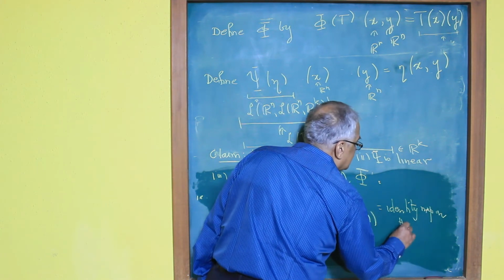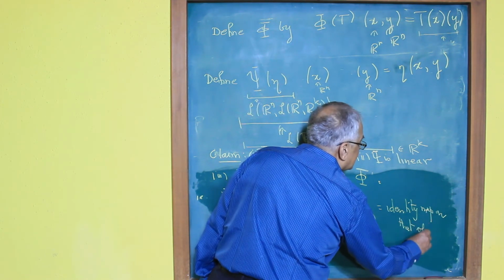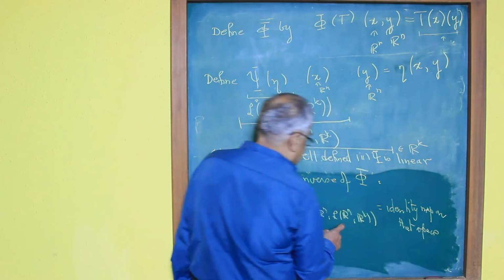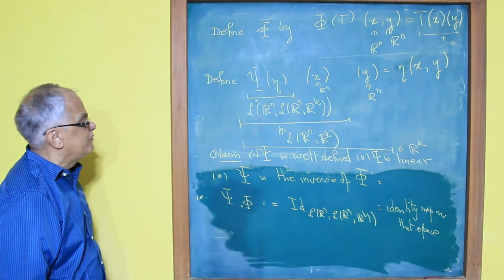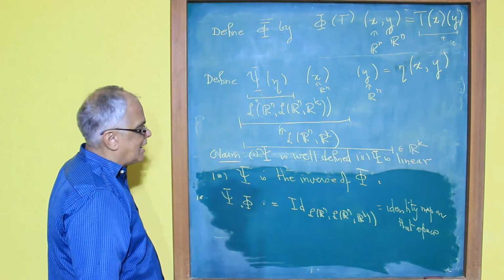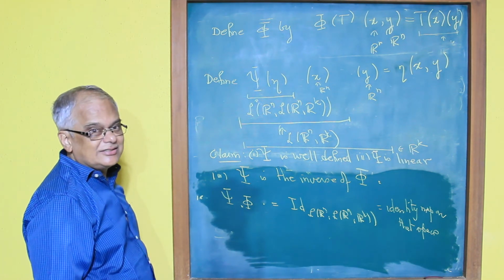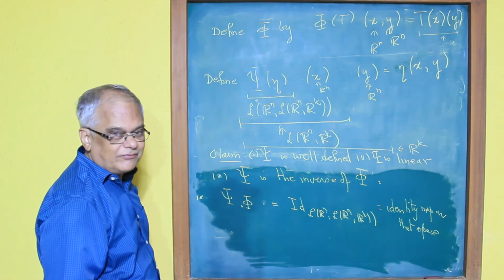On the space. Which space? This space. Okay. This is not enough to say that psi is the inverse of phi. This just says that psi is the left inverse of phi.